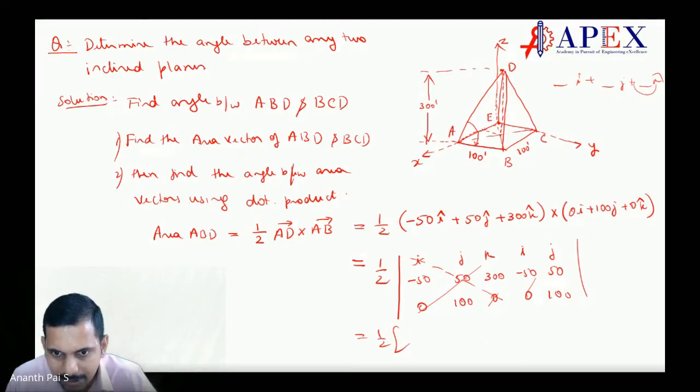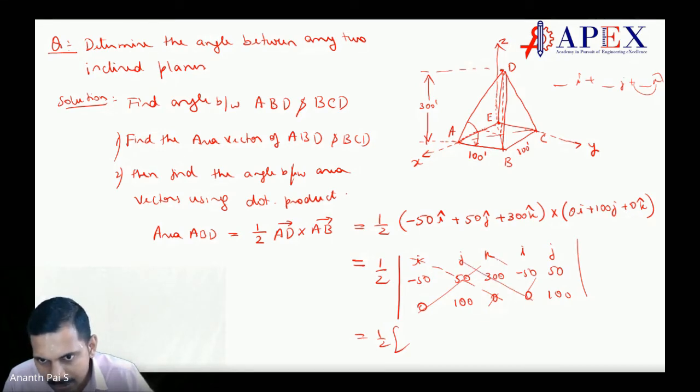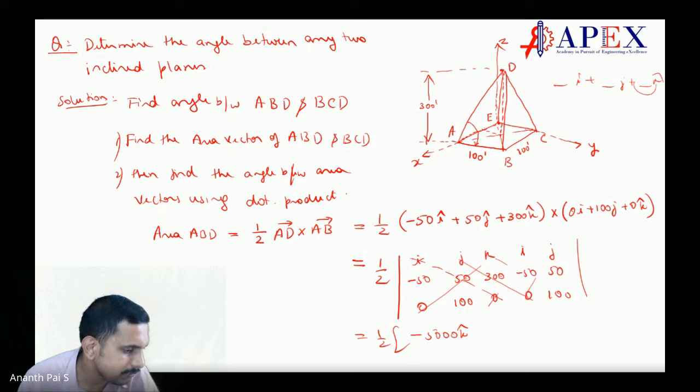I got minus 15,000i minus 2,500k, sir. Normal method. No, that's correct. There's a mistake I've done here. Okay, the mistake I've done is here. This is fine, 0. This is 0. Fine. This is minus 5,000k. Correct. Minus 5,000k. And then we have 5,000k, and then one second.